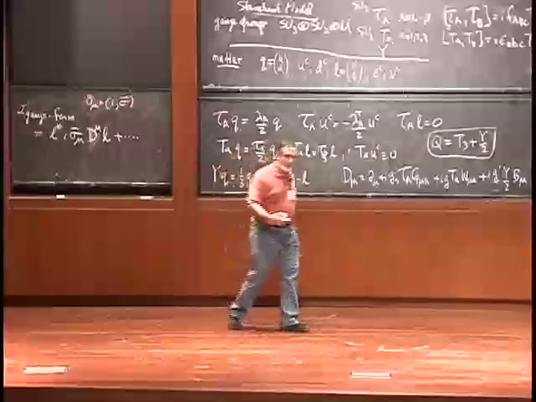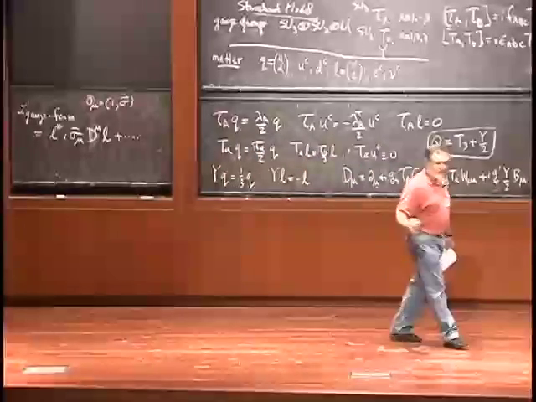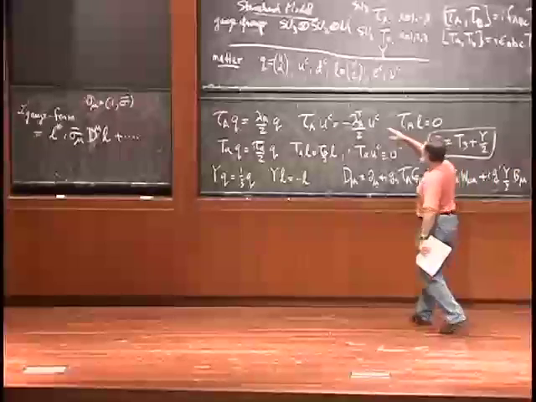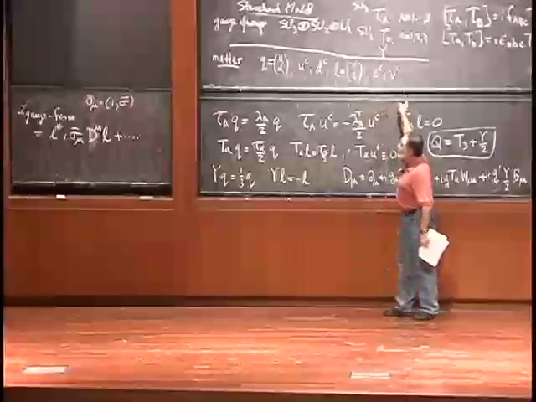And it's a simple exercise just to write down the same thing for all the other states. Okay, so we have all of these states, Q, UC, DC, L, EC, and NUC.